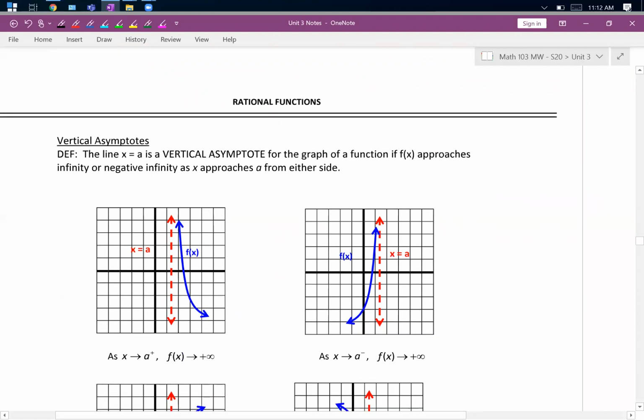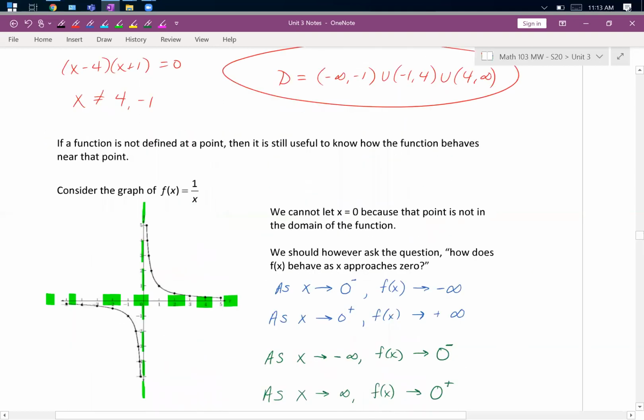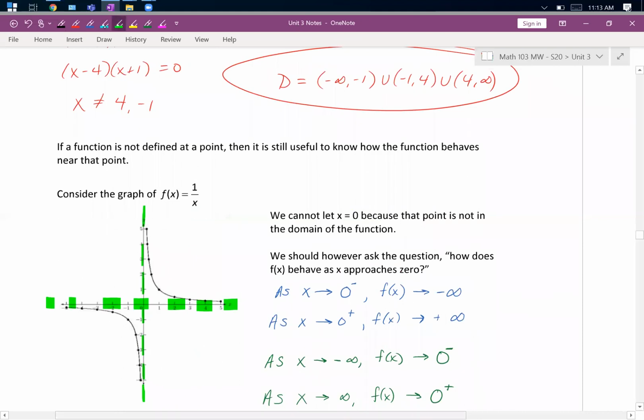So let's start with a vertical asymptote. The line x equals a is a vertical asymptote for the graph of a function if f of x approaches either infinity or negative infinity as x approaches some number a from either side. Well, we saw that up here. That's the first thing we did here in the blue.